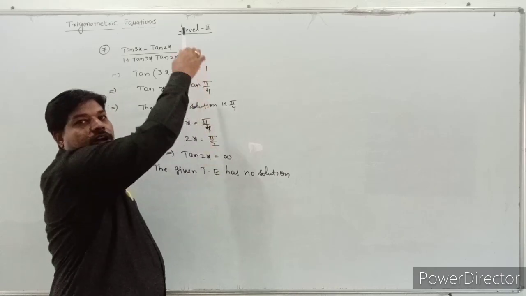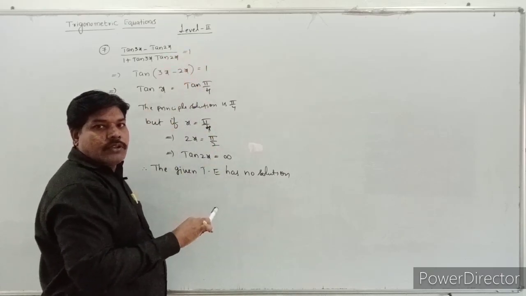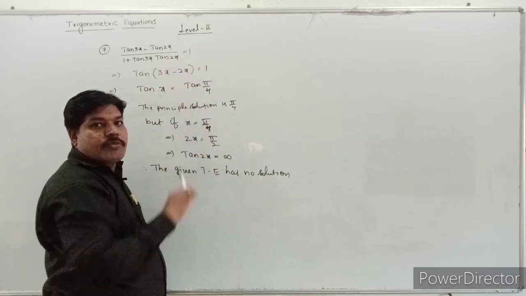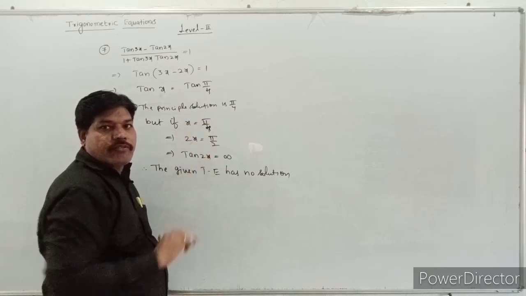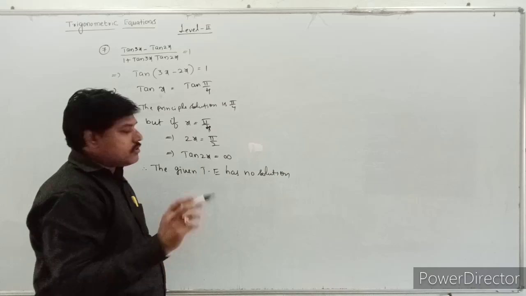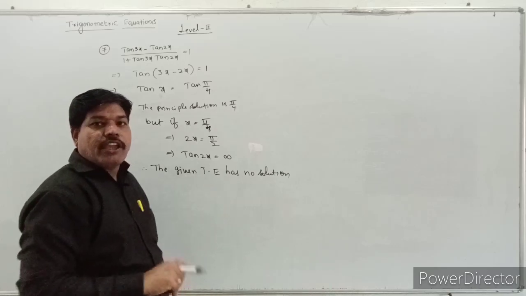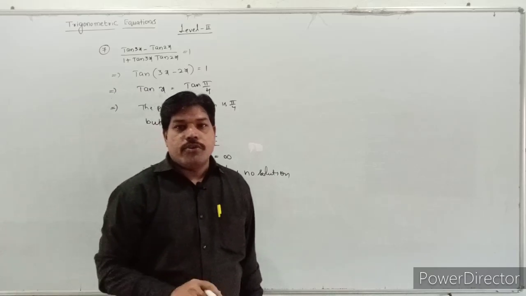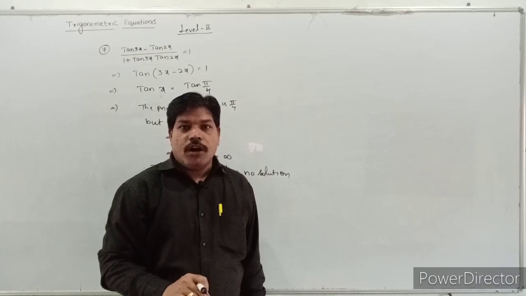But tan 2x is involved in the given question. So the given problem is not getting a solution for x equal to pi by 4. You can't get one value. So that's why the given trigonometric equation has no solution. Okay, it has no solution.